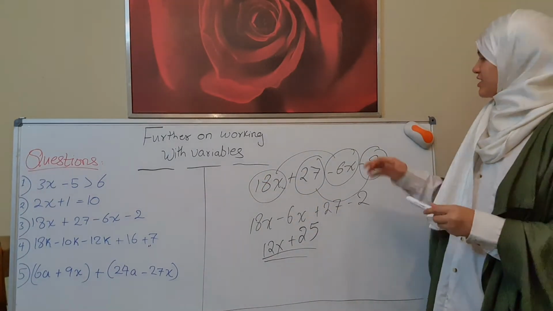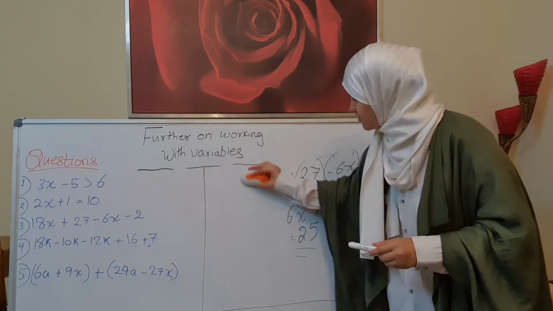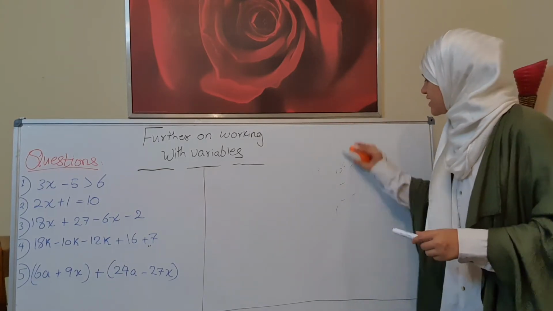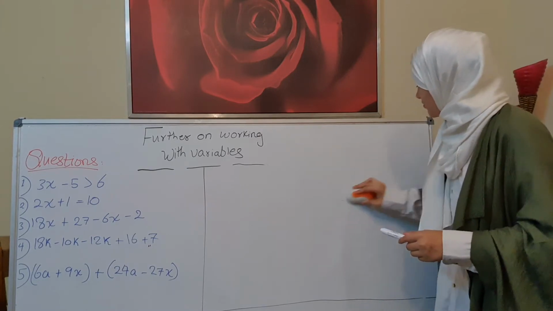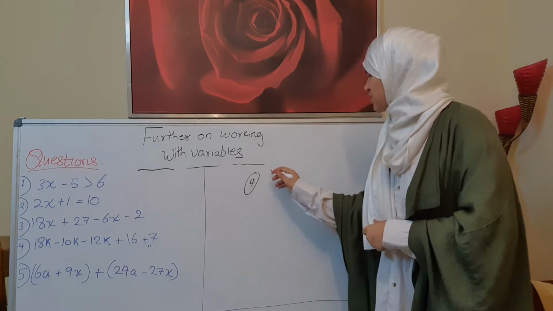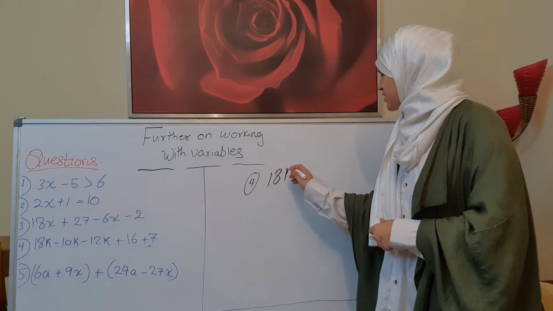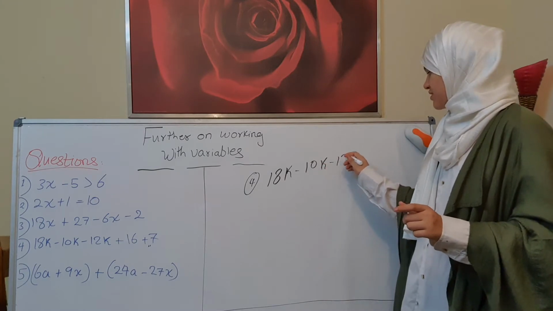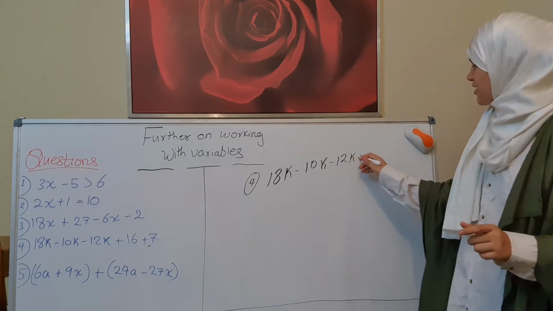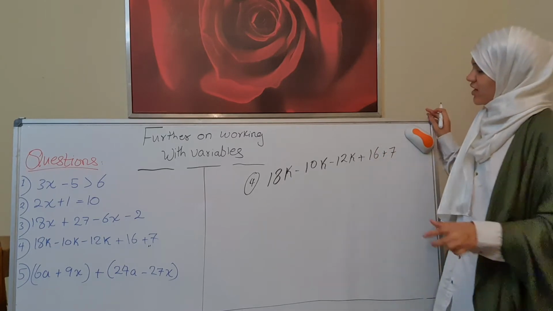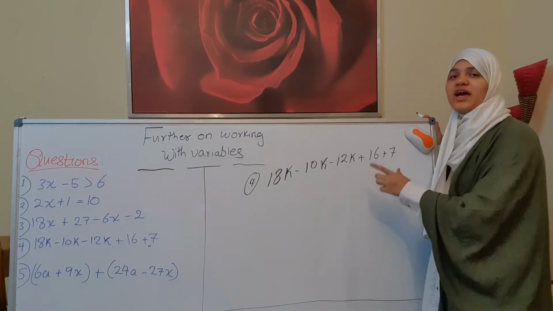Now, let us go to question number 4. Question number 4 says 18k minus 10k minus 12k plus 16 plus 7. Now we also have two kinds of like terms.